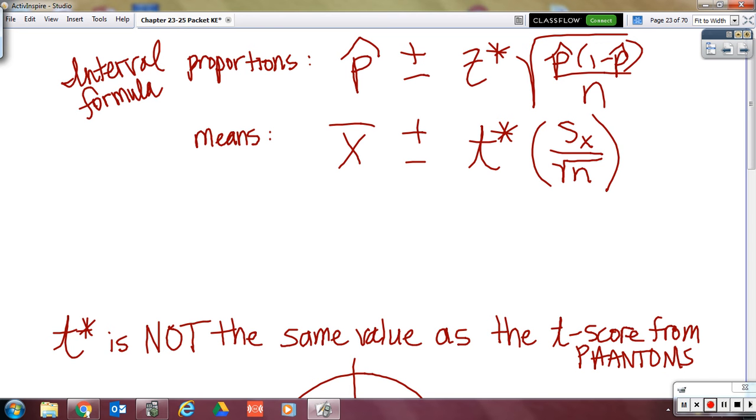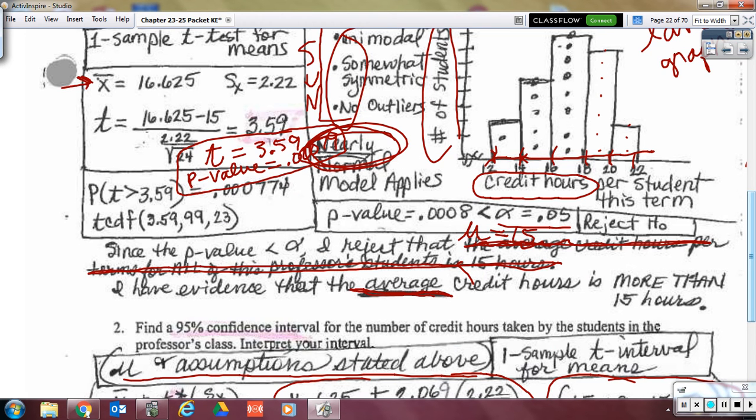Now, here's one thing that I noticed over the years that some students mistake, so I want to bring it to the forefront so you don't do this. Some people get this messed up and think that T star is this t value that they got up in their phantoms.